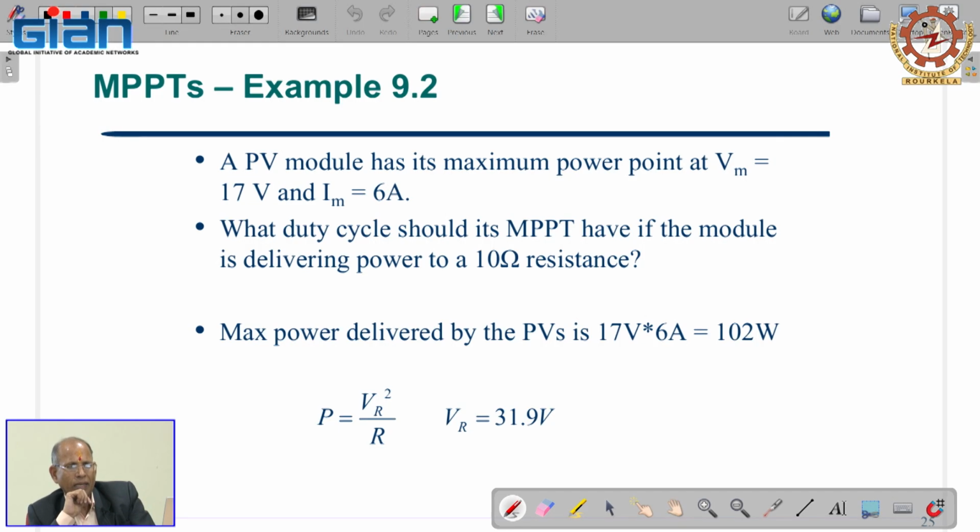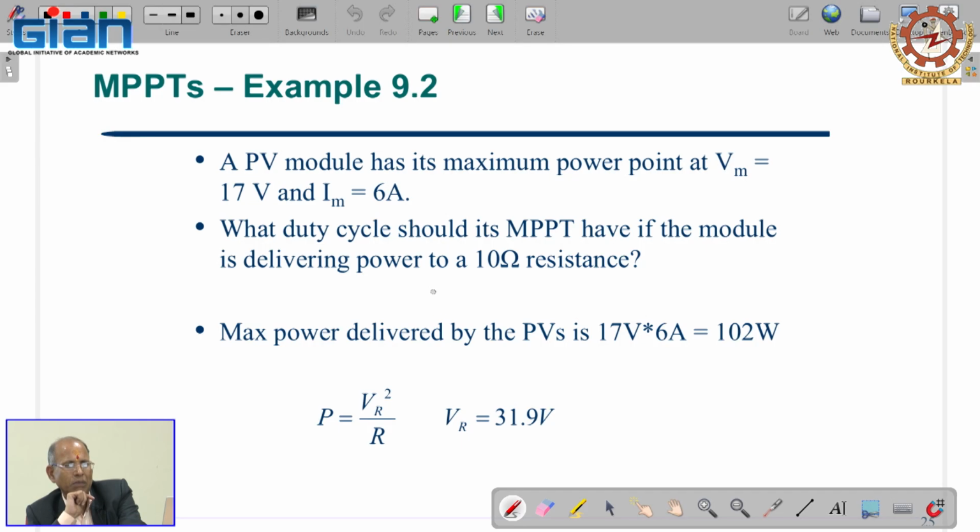What duty cycle should its MPPT have if the module is delivering power to a 10 ohm resistance? Maximum power will be maximum voltage multiplied by maximum current, so 17 multiplied by 6 is 102 watts.